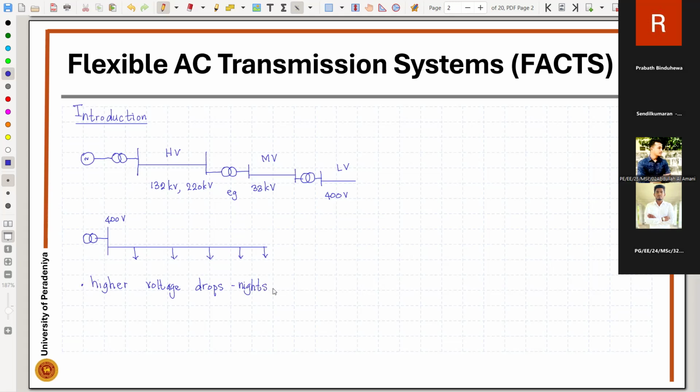Is there anybody who is working in power generation or an electricity related company? Is there anybody who is working in power systems?